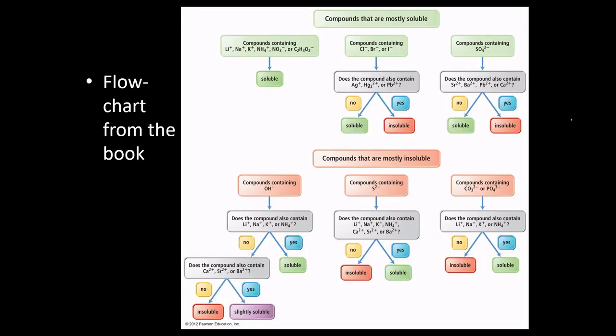So, this flowchart comes from your book, and if this flowchart makes sense to you, use this flowchart. I don't really like this very much, though. I think this is really busy, and it's kind of hard to tell what's going on. Obviously, I can read it just fine.